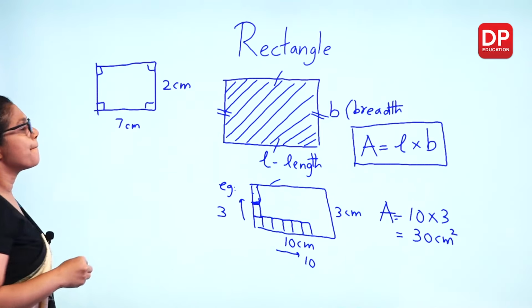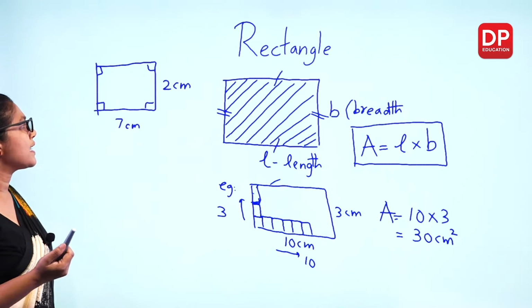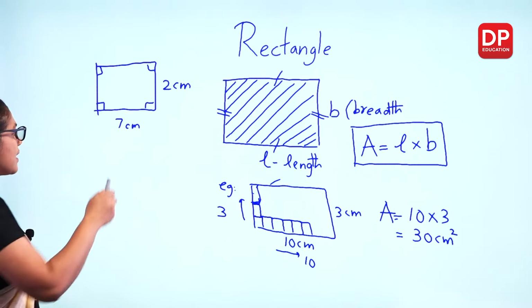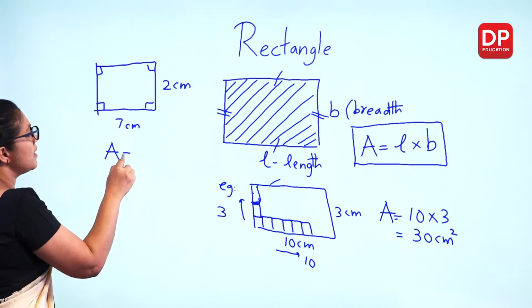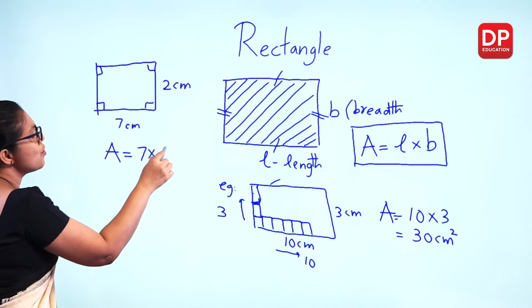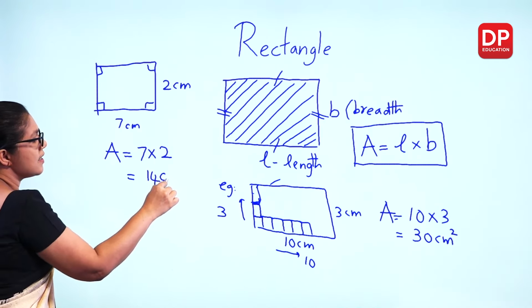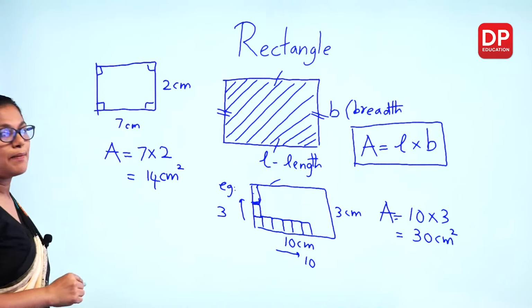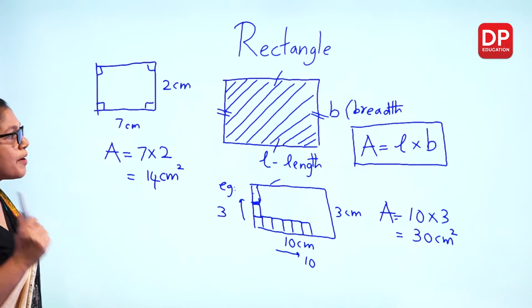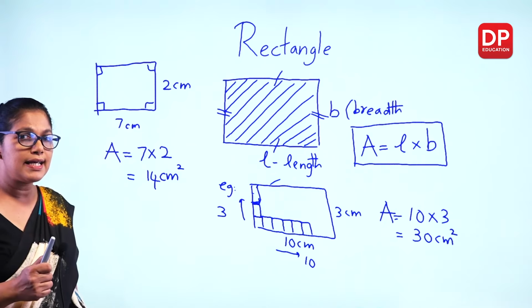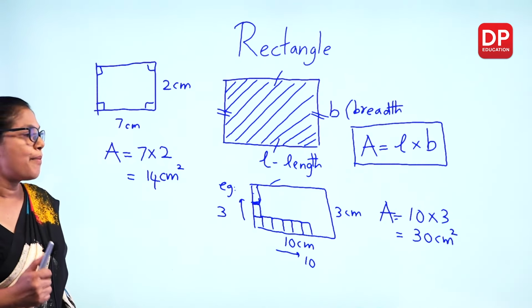What's the area of this rectangle? Take the length, multiply by the breadth. So we can write A equals 7 times 2. You get 14 square centimeters. So remember this formula if you want to find the area of a rectangle, length times breadth.